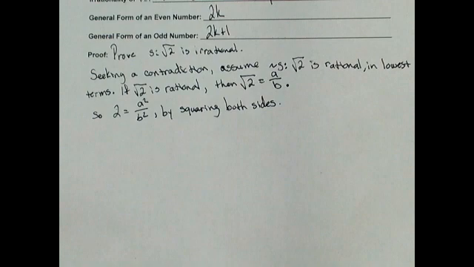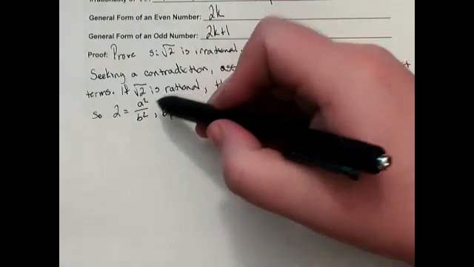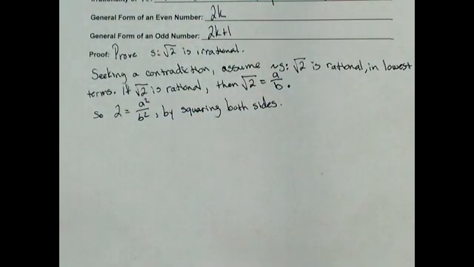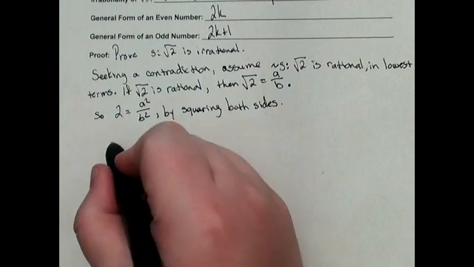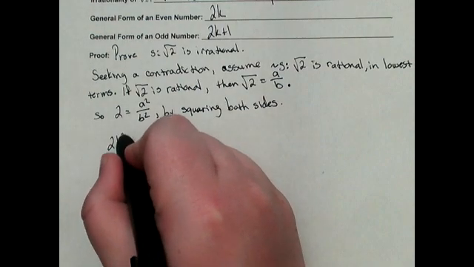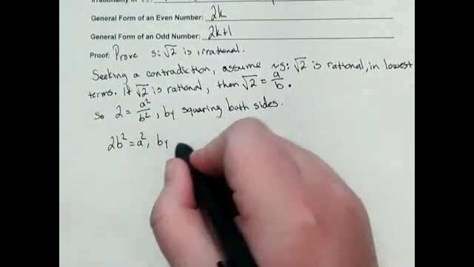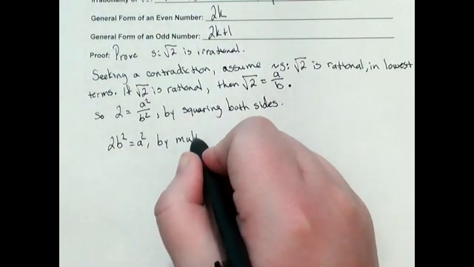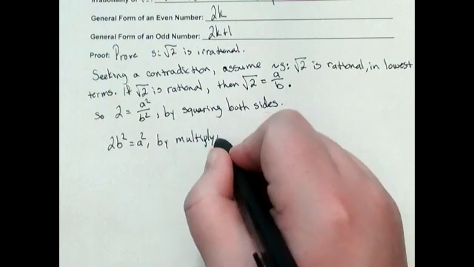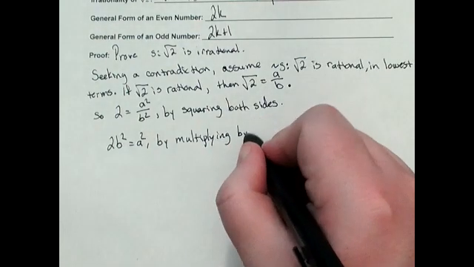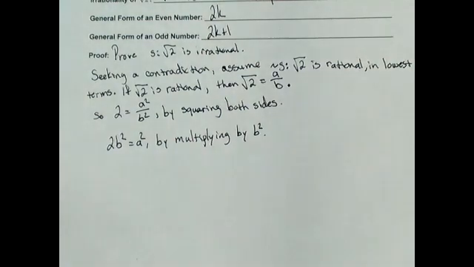I want to move things around. So I want to show that there is no common factor between these two. So I'm going to multiply both sides by b squared. So I can say 2b squared is equal to a squared.